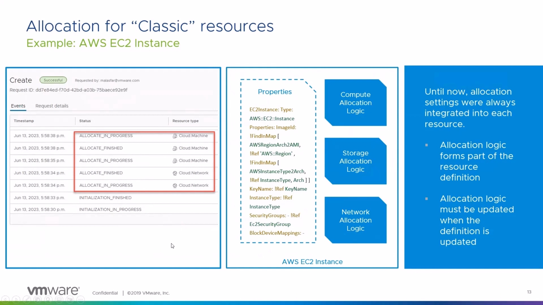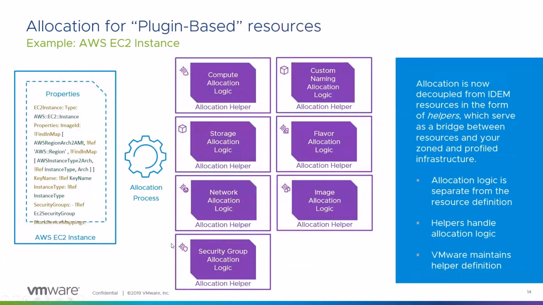How does that compare to the plugin-based architecture? The allocation is now decoupled from the Idem resources in the form of what we call allocation helpers. The allocation helpers serve basically as a bridge between the resource and the cloud zones, and the profiled infrastructure that you have, things like storage profiles, network profiles, flavor mapping, and image mapping.